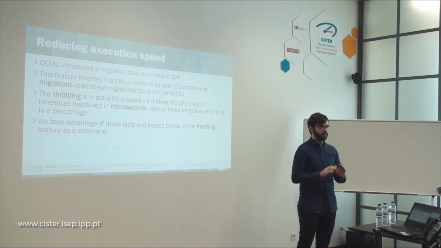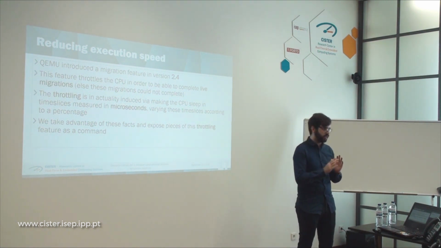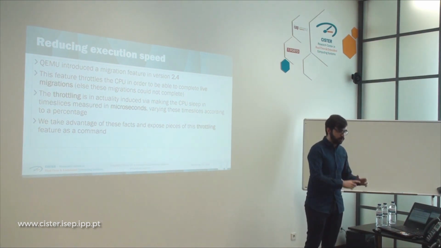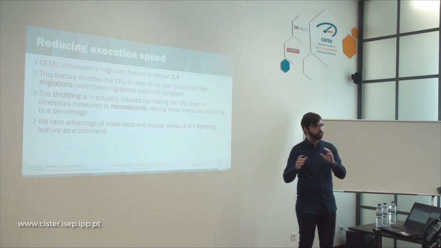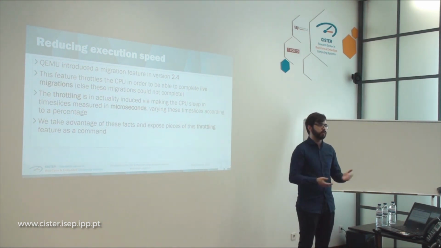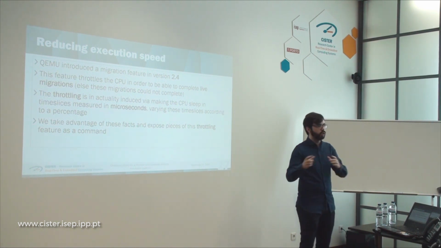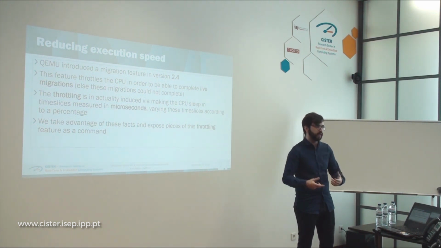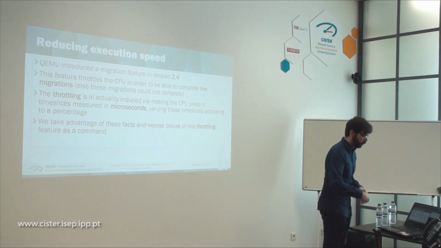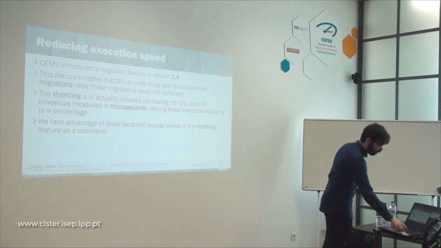Migration here is not migrating tasks from one core to another. It's a different context. It's migrating memory, disks, an entire virtual machine to another virtual machine. You might use this to migrate one virtual machine to a virtual machine with better specs or more disk space or more RAM in order to perform the same tasks and not have to configure the virtual machine again.